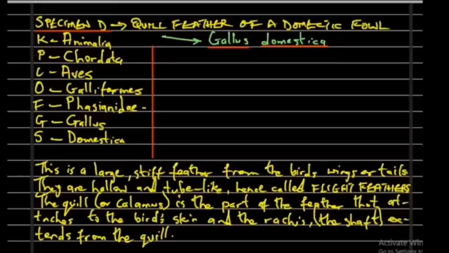Now historically, this particular specimen was used as a writing instrument. They used it as writing material in time past.